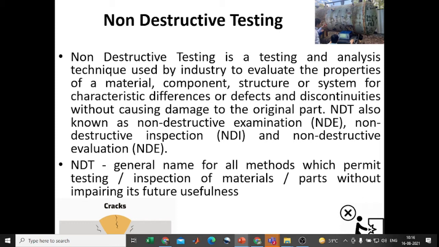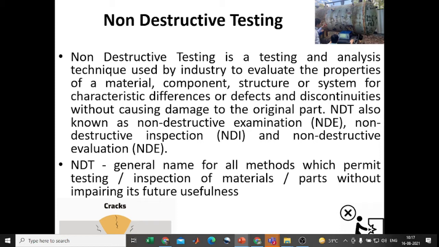So non-destructive examination and non-destructive evaluation are both abbreviated as NDE. And NDT is the general name for all methods which permit testing and inspection of materials and parts without impairing their future usefulness.